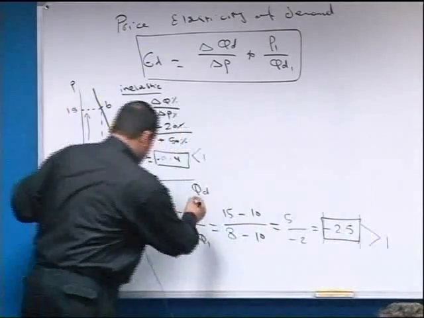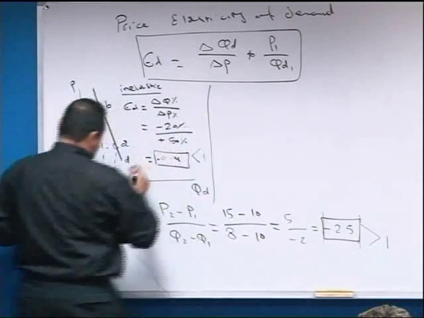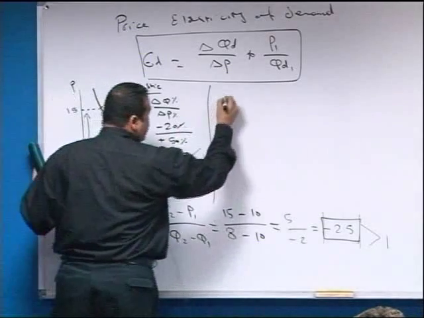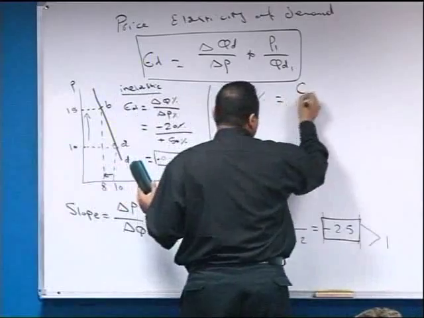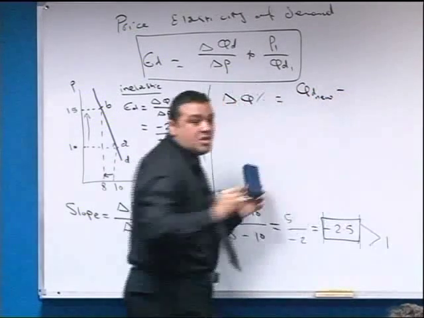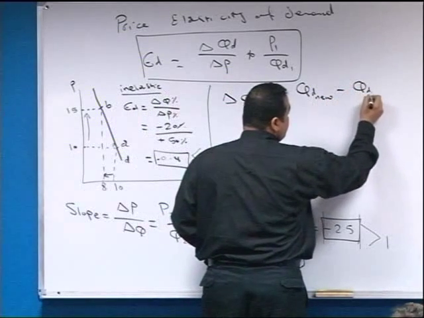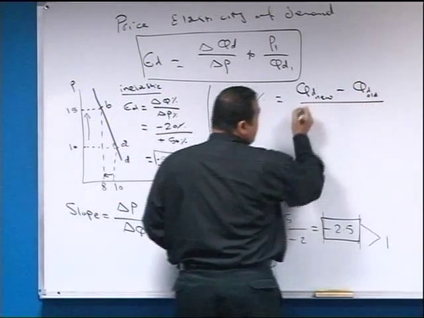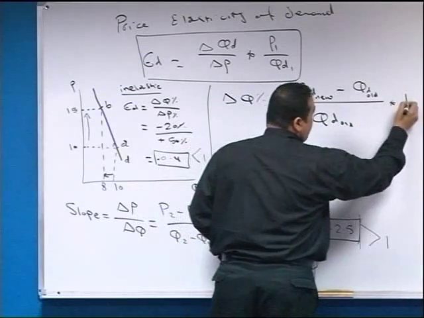I will come back to this point. As you see, the percentage change in quantity demanded equals the QD new minus the QD old, or the old quantity demanded, over the QD old, times 100%.